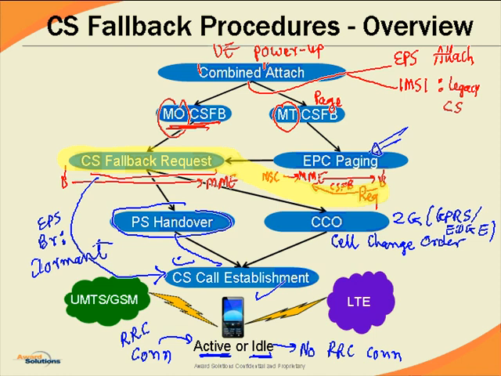So the MSC that we pick corresponds to that specific location area, and the location area would have either 2G or 3G technology. If both are available, then 3G. So we are effectively registering with one specific MSC VLR that is in charge of that location area identifier. Okay, very good.